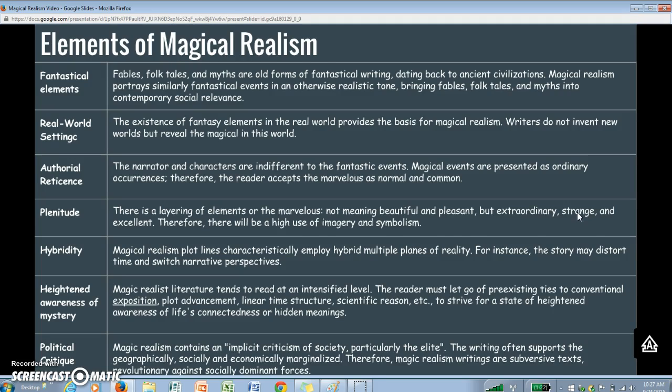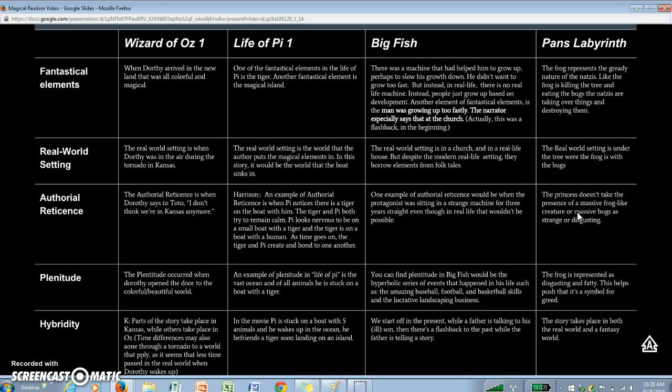If you need to watch this video one more time, I would suggest doing that. Otherwise, if you would like to study further in a different way, go watch Life of Pi, Big Fish, and Pan's Labyrinth, and consider how the 7 elements apply to those 3 videos.